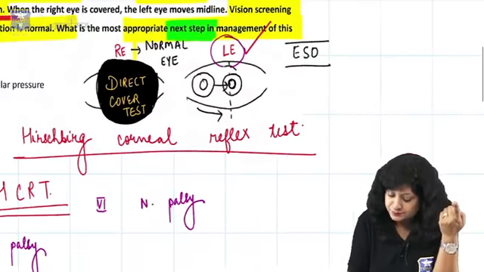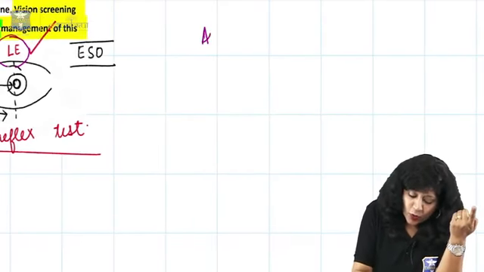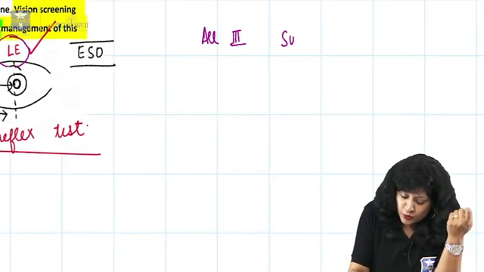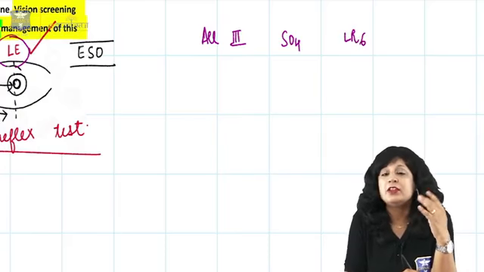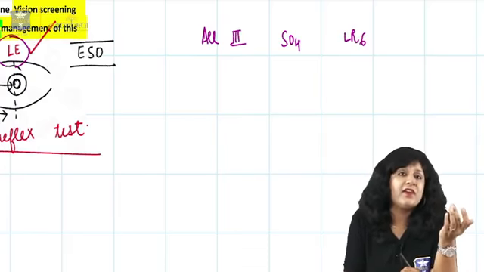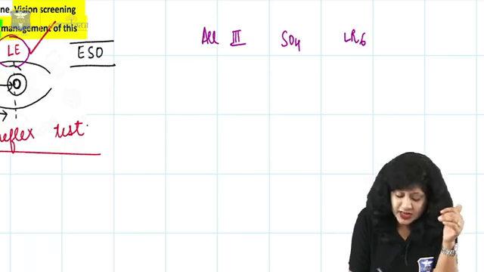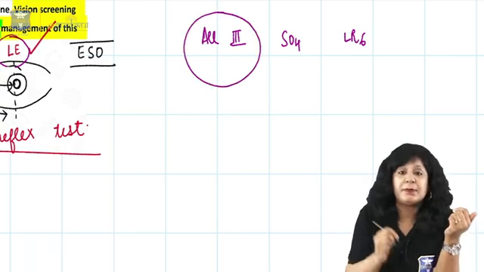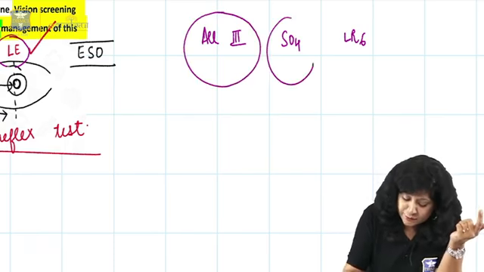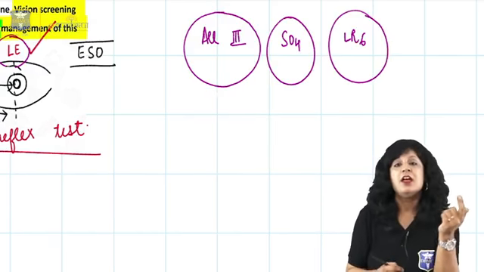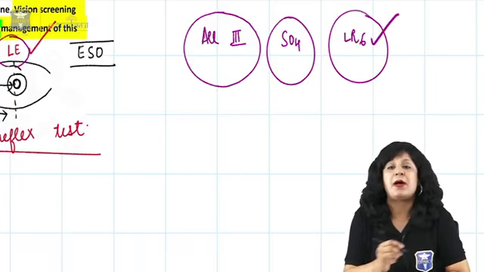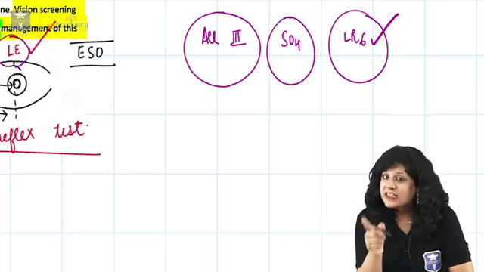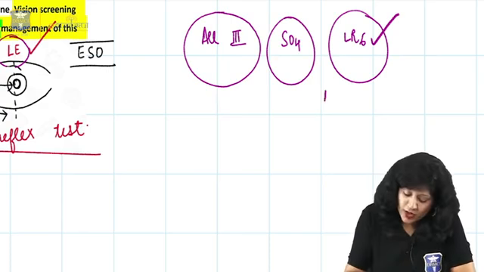Now always remember an important thing: all three, SO4 and LR6. This is a very important mnemonic that is going to help you in all the squint related questions and the nerve palsies, that all the extraocular muscles are supplied by the third cranial nerve except for SO4 and LR6. Now, whenever you have the isolated nerve palsy, it is the sixth nerve palsy that is most common, and sixth nerve supplies the lateral rectus, so you are going to get the lateral rectus palsy.